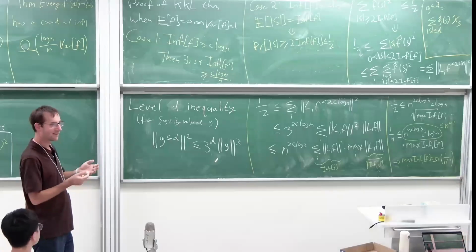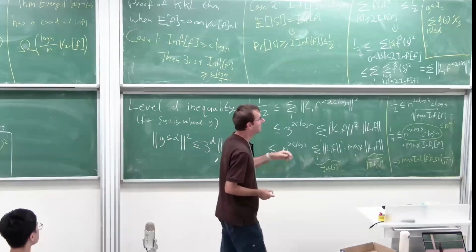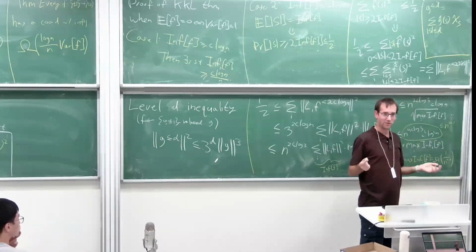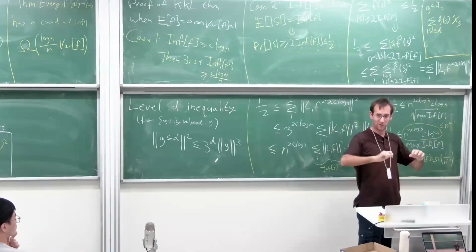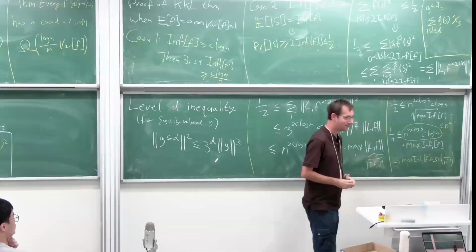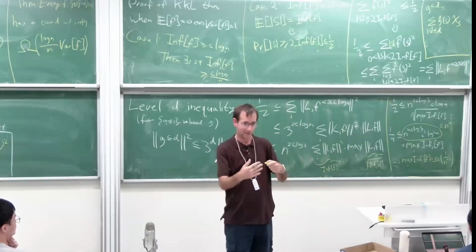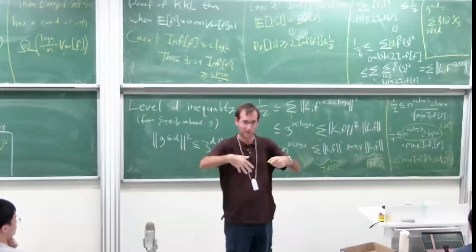So what's happening here, roughly speaking? What this calculation shows is that because the total influence is small, most of the mass of the function is on small degrees. And in particular, this means that if you look at these LIFs, then also most of their mass in some sense is on the low degrees.